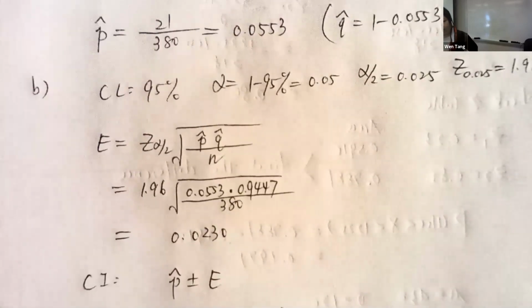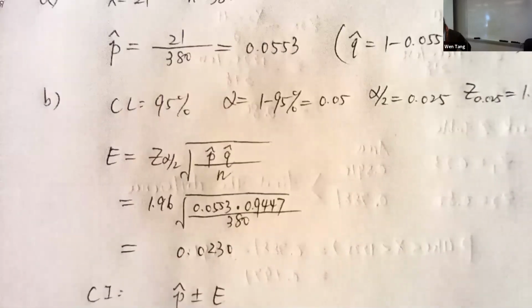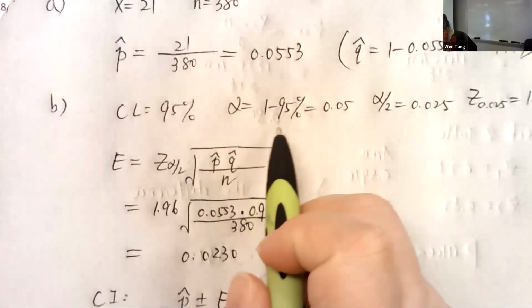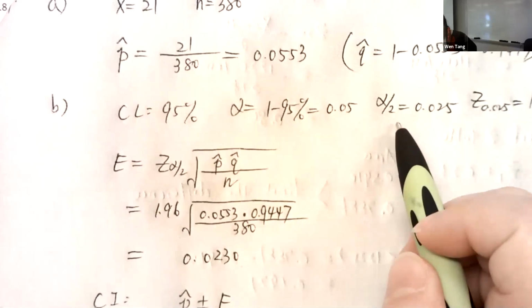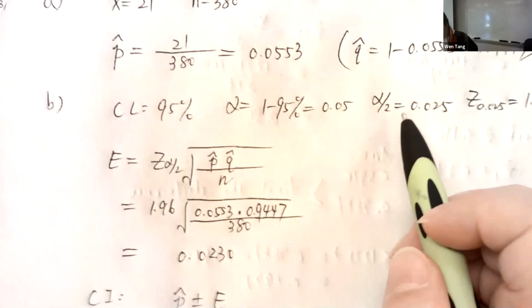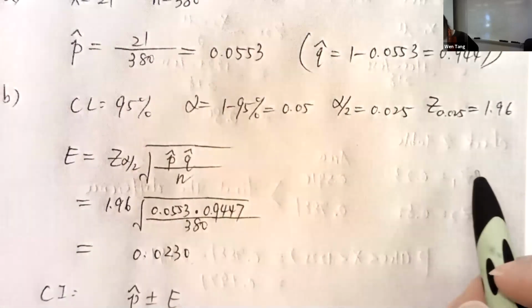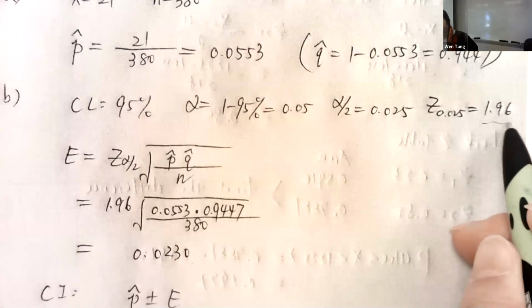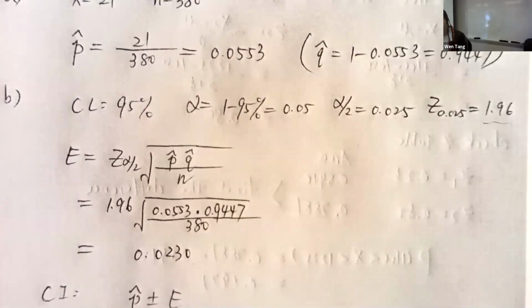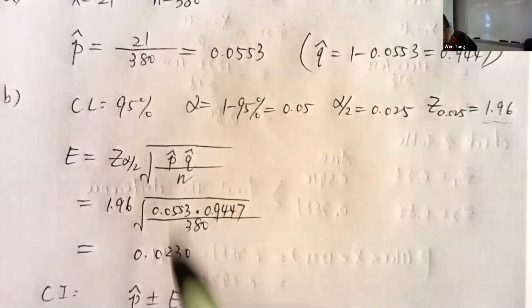In part B, we always do the same thing as the previous two confidence interval questions. We find the alpha value. Don't forget, we're talking about the half alpha value. And I hope you can memorize this important critical value, z sub 0.025, which is 1.96.